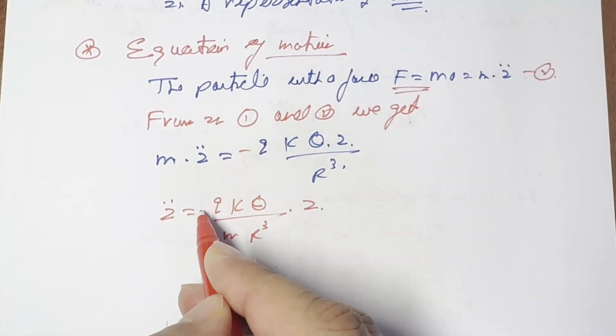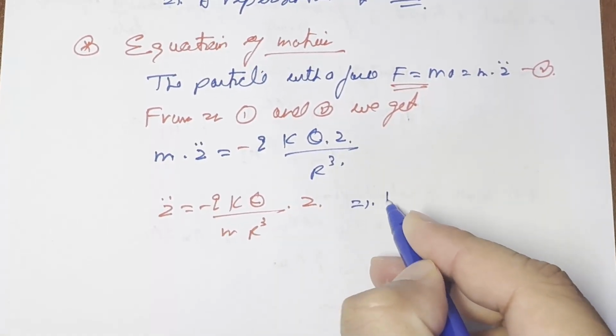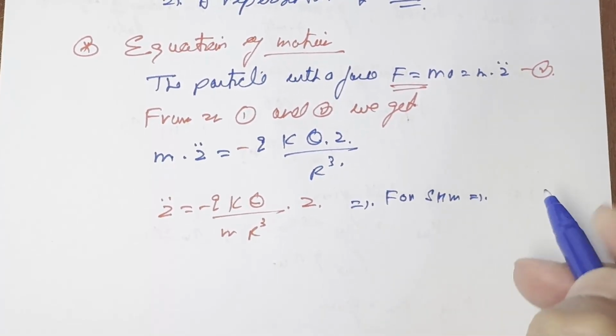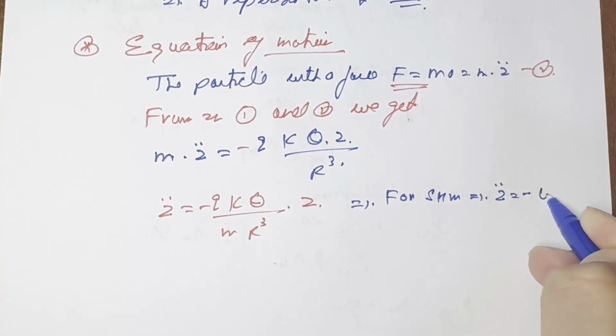I forgot to mention the minus sign, because for SHM we have the double derivative of z equal to minus omega square multiplied by z.